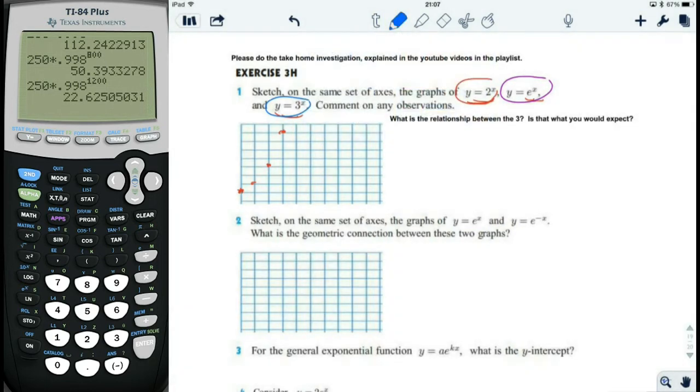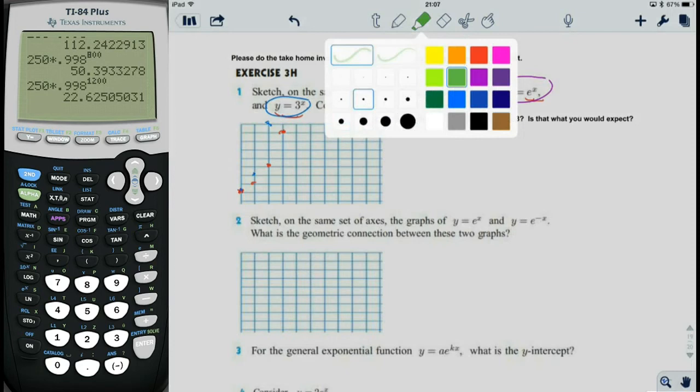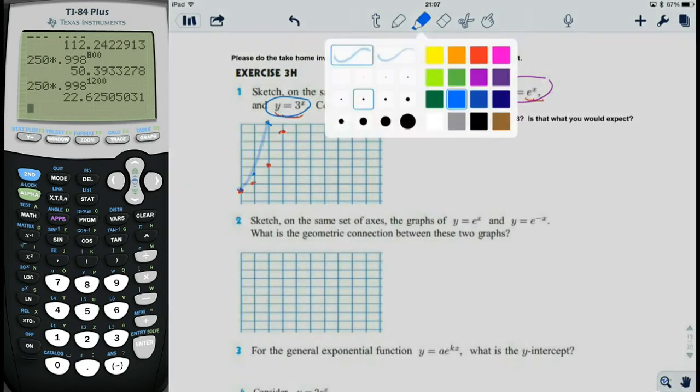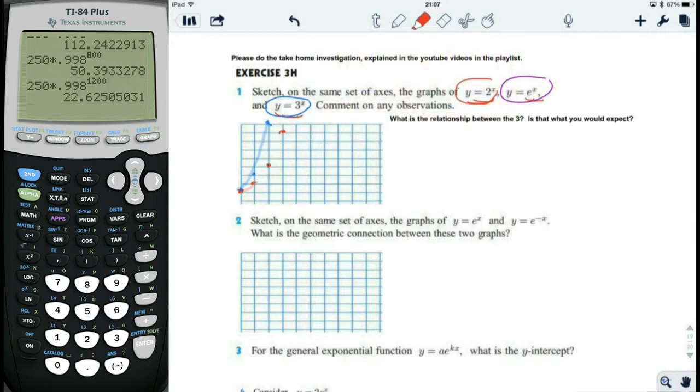So 3 to the x, first point is 1, second point is 3, the third point is 9. And I'm going to connect these points. Blue, I'm going to connect like that. Red, I'm going to connect like that.